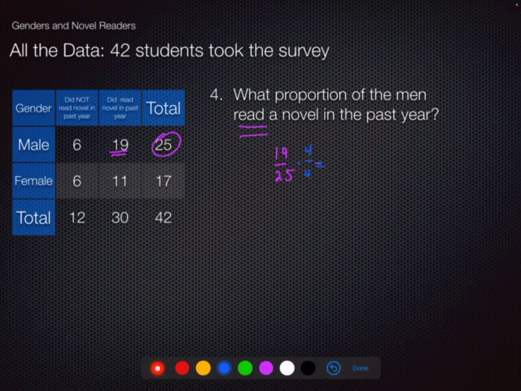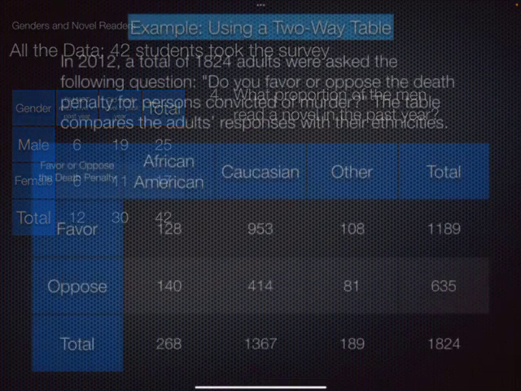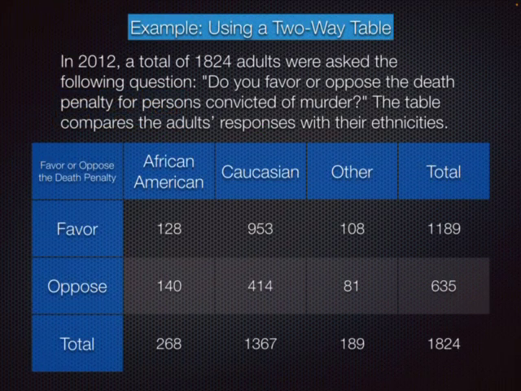When I do that, on the top I get 76 over, and here's why I took it times 4 over 4: 25 times 4 is 100. So this is 76 hundredths, 0.76, or 76%. And so 76% of the men did read a novel last year. That was our last question.